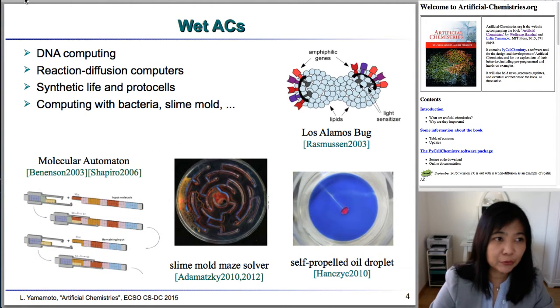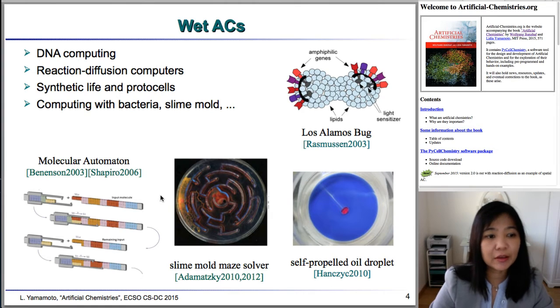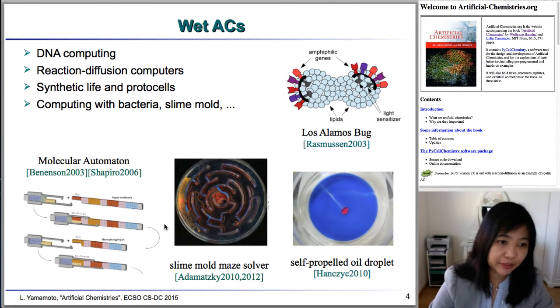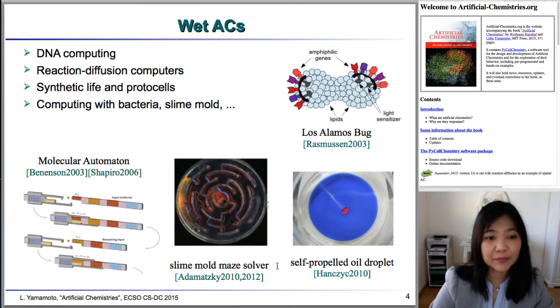As examples of wet artificial chemistries, today we will discuss a little bit more about the molecular automaton, which is a way to implement finite state machines with DNA. This is an example where a slime mold finds its way out of a maze by following gradients of nutrients.